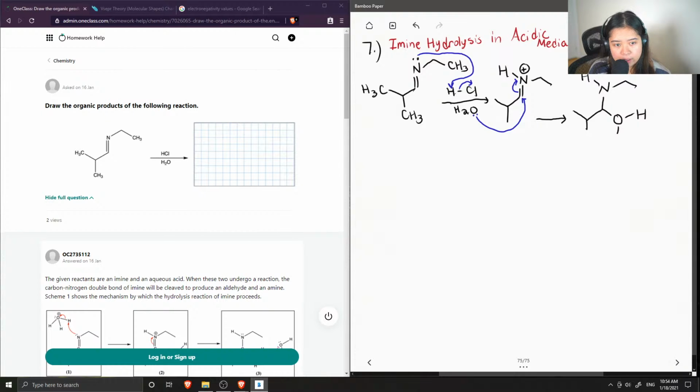And it is positively charged. So to relieve that positive charge, my drawing's kind of cut out. Let me just move this hydrogen down. Okay.